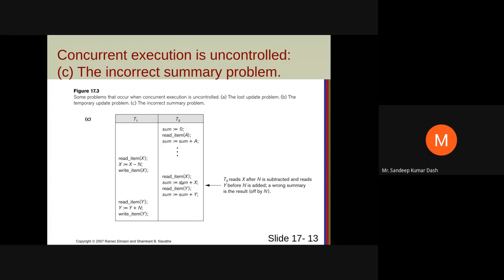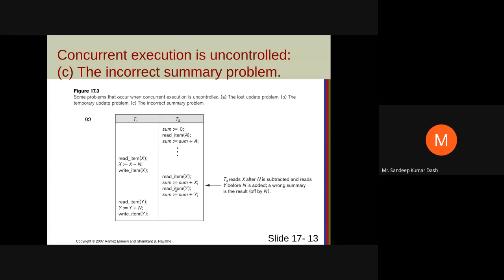So what will happen is that T3 reads x after n is subtracted and reads y before n is subtracted. You see, this transaction meant that n will be deducted from x and added onto y.